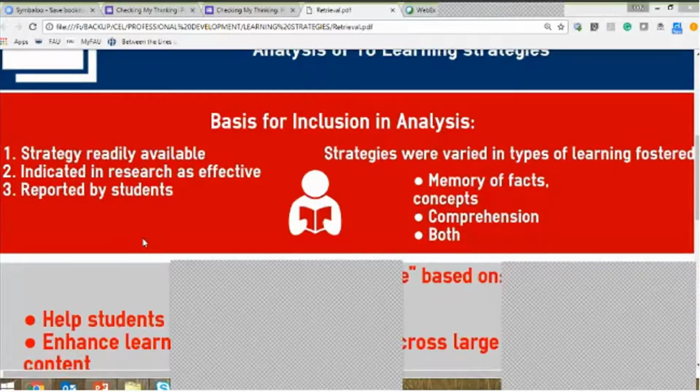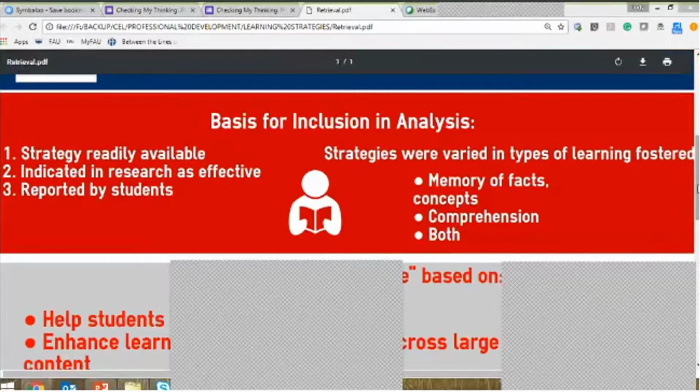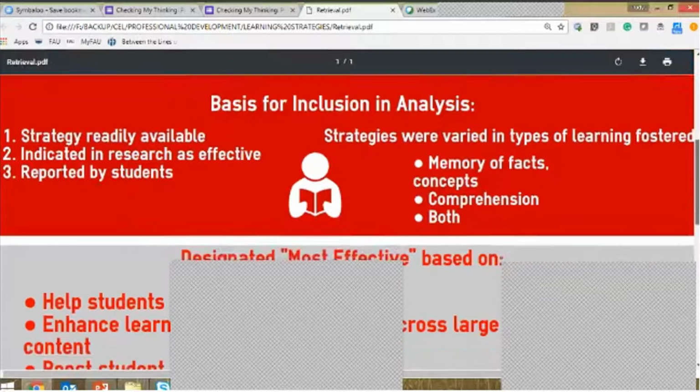Some were based on actual comprehension of what they had read, which moves us up into the higher level in Bloom's taxonomy. And some included both. So what we're going to do is take a look at some of those items.